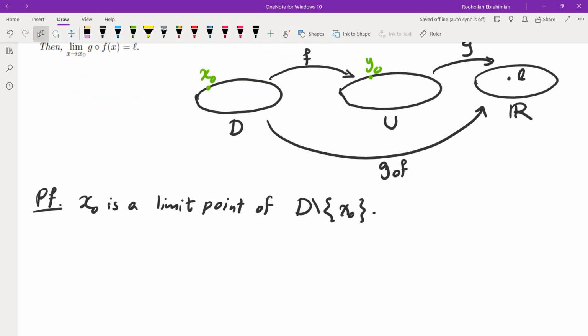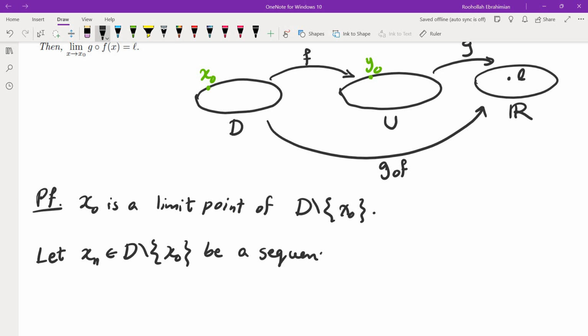So I can take a sequence, let xn be a sequence with xn converging to x naught.